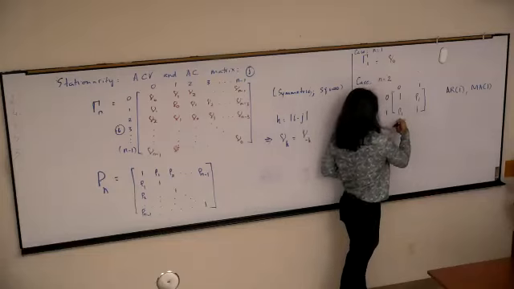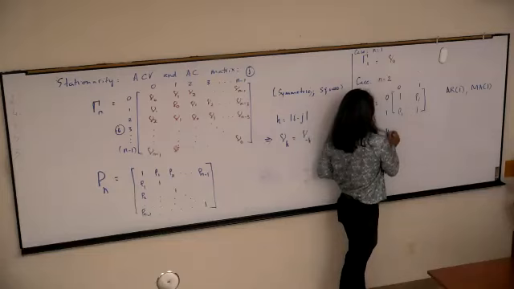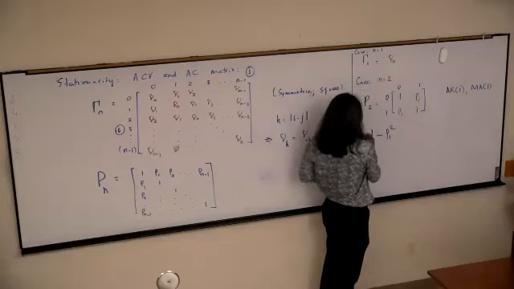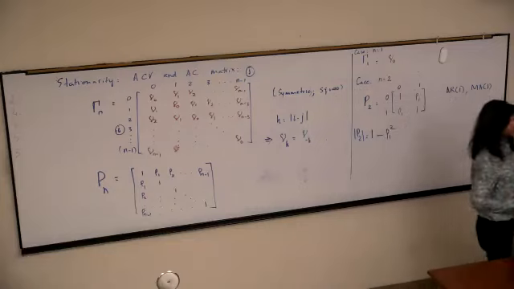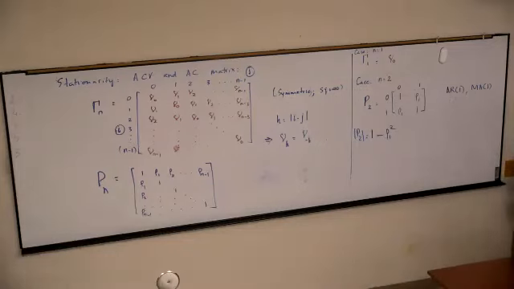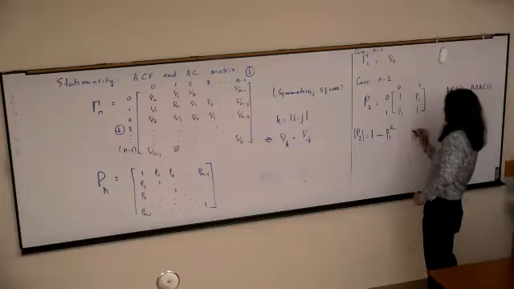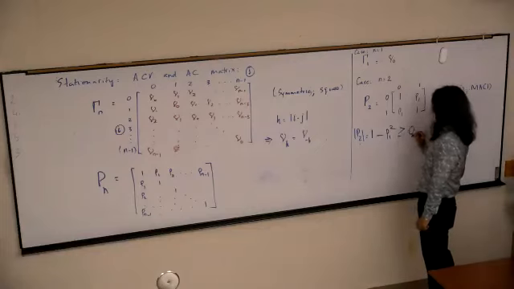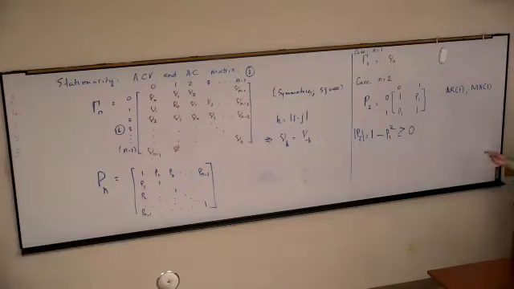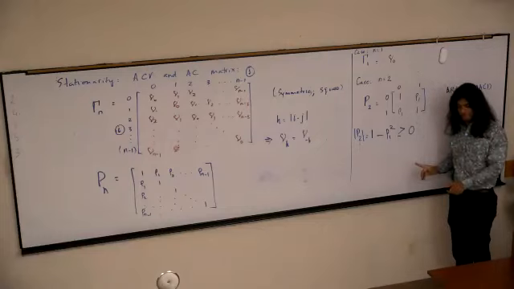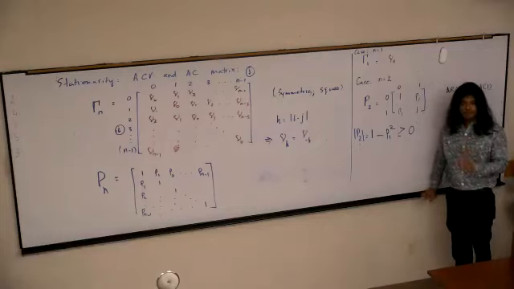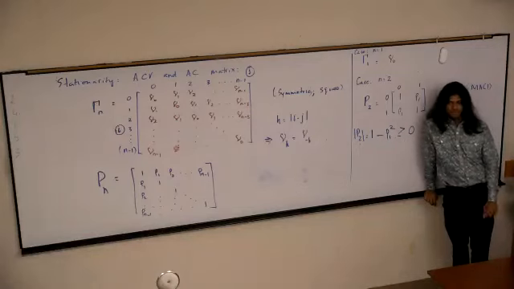These two terms minus those two terms, 1 minus rho 1 squared, would simply be the determinant of that matrix. Good. For positive semi-definite, one condition is that the determinant is greater than or equal to 0. If I have to say definite, then it has to be strictly greater than 0. Good.